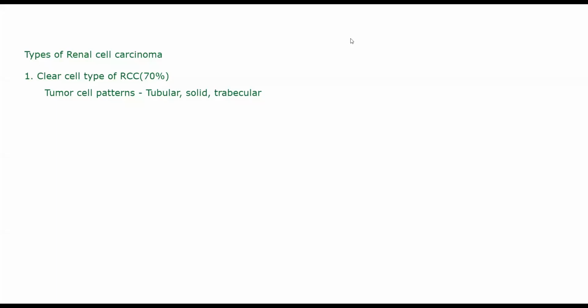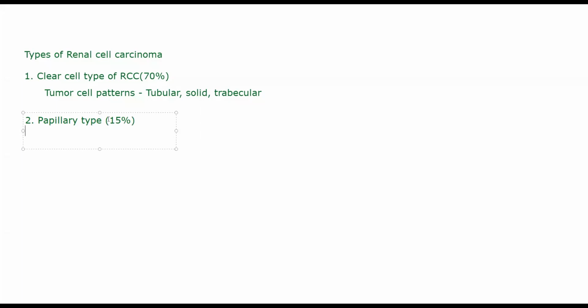So the second type of renal cell carcinoma will be papillary type. In this you will see it occurs in 15% of the patients. 15% of cases of renal cell carcinoma.